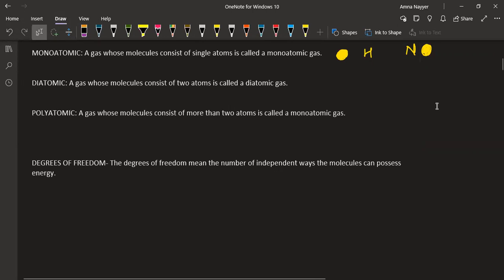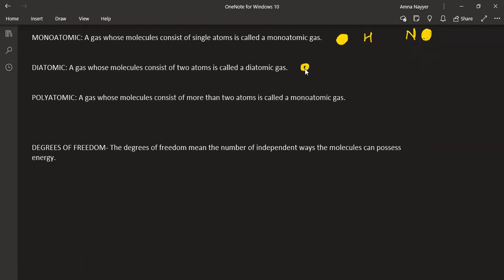When two monoatomic atoms combine together, that becomes a diatomic. So H2 and N2 are diatomic molecules.